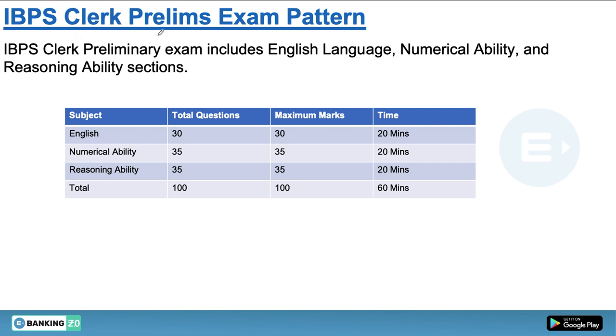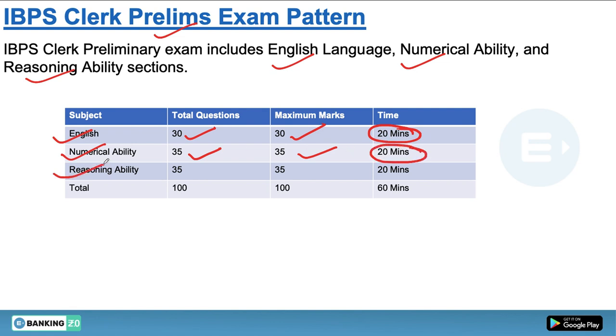Talking about the prelims exam, the IBPS Clerk prelims examination consists of English, numerical ability and reasoning ability, isn't it? English is going to have a total of 30 questions of maximum 30 marks, and the time allotted for this section is 20 minutes. Talking about numerical ability, the total number of questions is 35 and the maximum marks are 35. The time duration for this section is again 20 minutes.